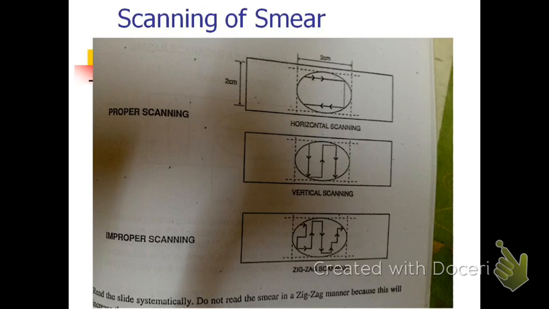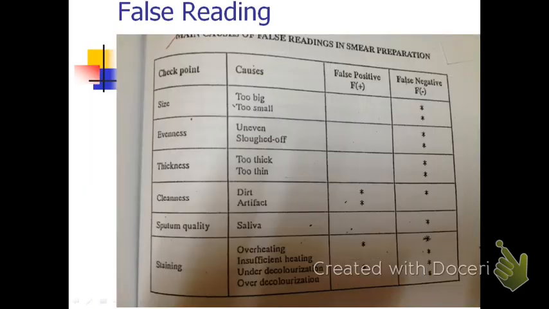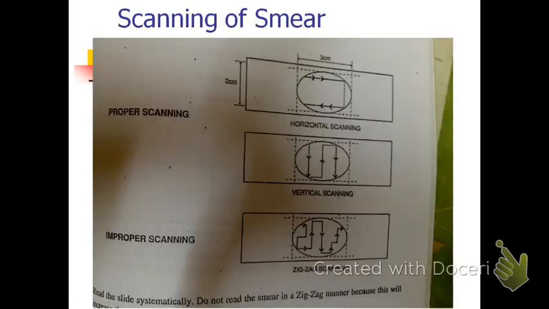Then you have to scan. You have to scan the smear before saying, oh, it's negative. You can employ the so-called horizontal scanning, or the vertical scanning.